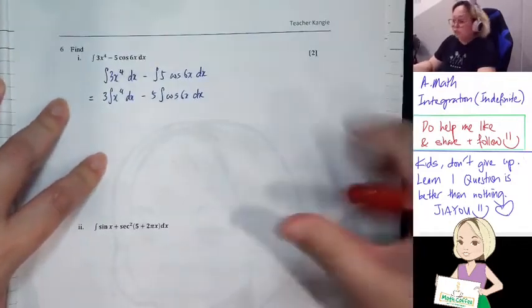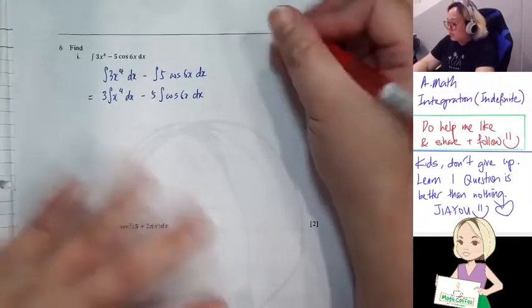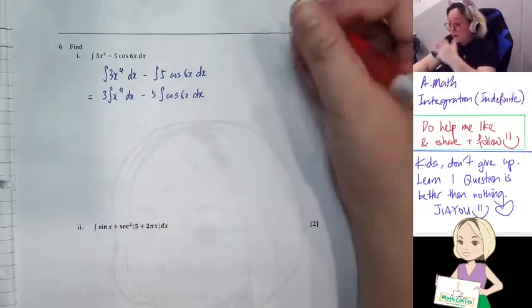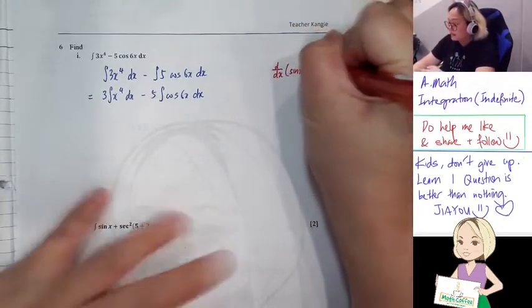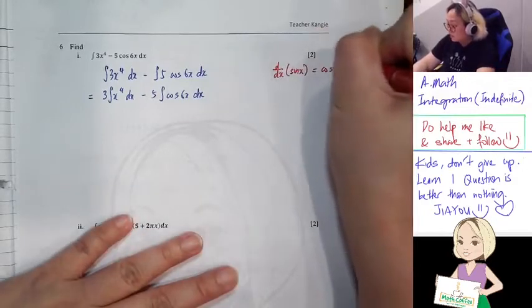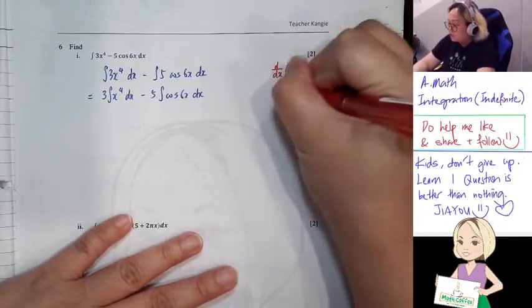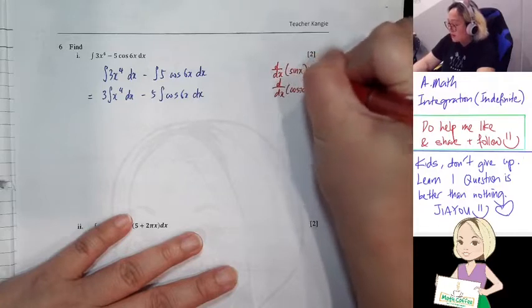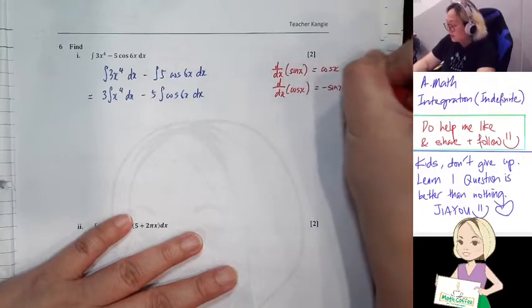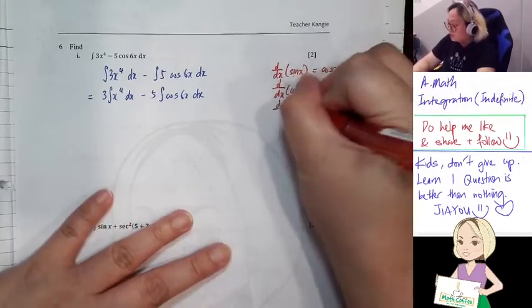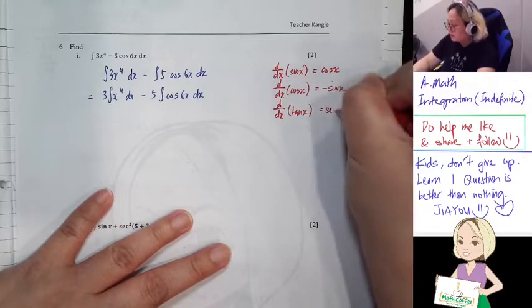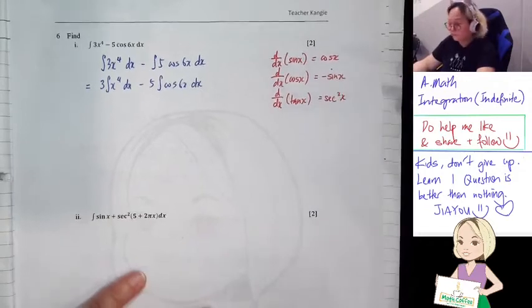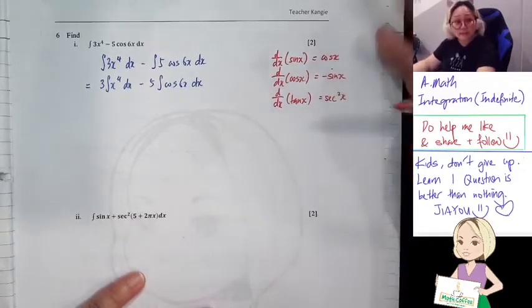So I'm going to write at the side to recap. When we differentiate sine x, we have cosine x. When we differentiate cosine x, we have minus sine x. When we differentiate tangent x, we have secant squared x. Okay, now let's take a look at the integration.